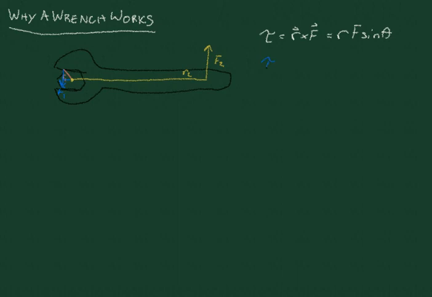So in other words, the torque at 1 is R1 F1, and the torque at 2 is R2 F2.